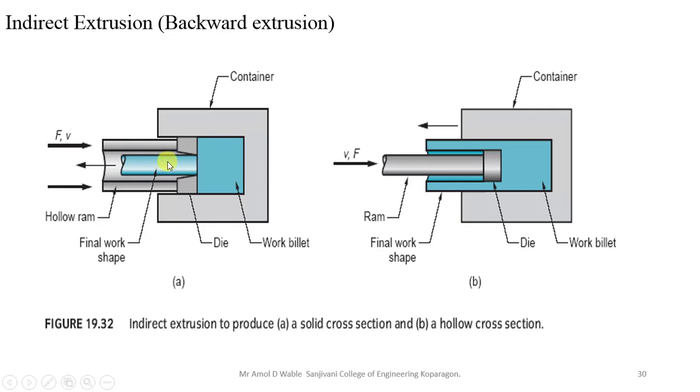It involves no friction between the billet and the chamber, so the force required is less compared to the forward one. For that reason, where a very small amount of force is required, we can use an indirect extrusion process, where the flow of material will always be towards the backward side. So it is called backward extrusion.